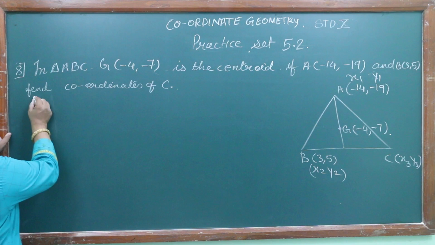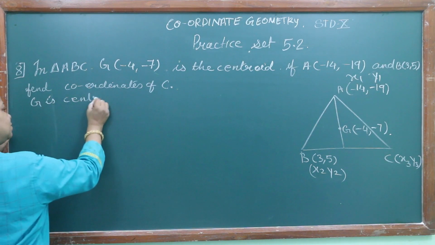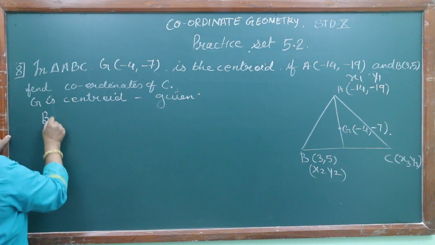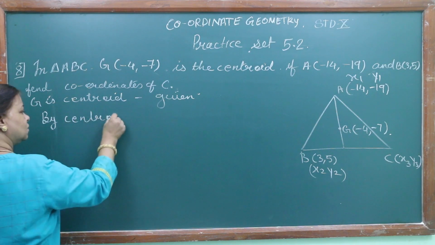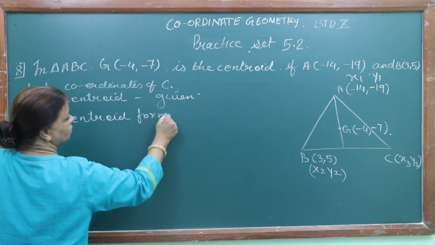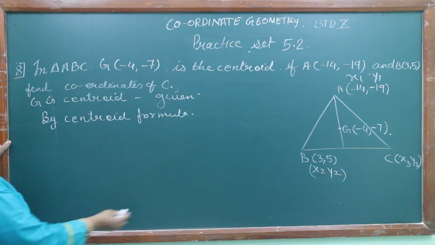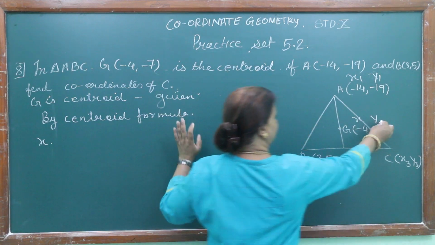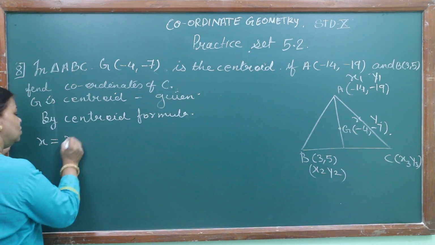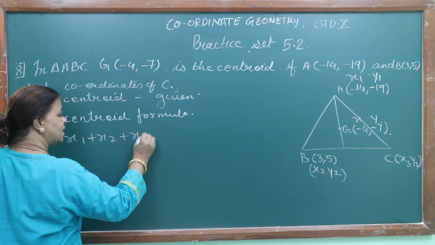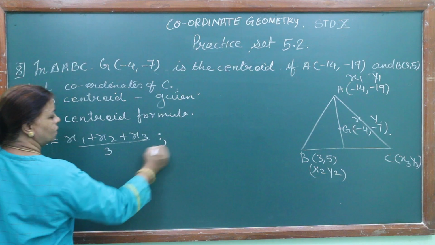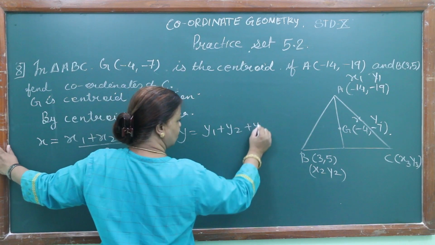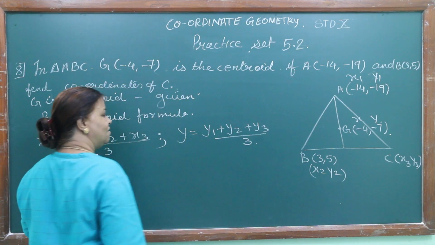So as G is the centroid, therefore by the centroid formula, if this is x and this is y, then the x coordinate will be equal to x1 plus x2 plus x3 upon 3 and the y coordinate will be equal to y1 plus y2 plus y3 upon 3. Let us place the values, children.